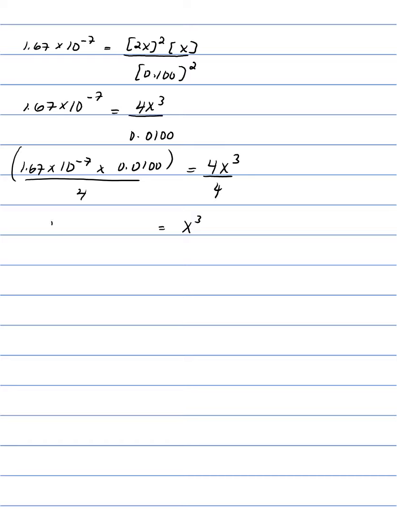So this is 4.175 times 10 to the minus 10. Still not the final answer. This is x cubed, and we have that x cubed is equal to 4.175 times 10 to the minus 10. So we have to get rid of the cube.